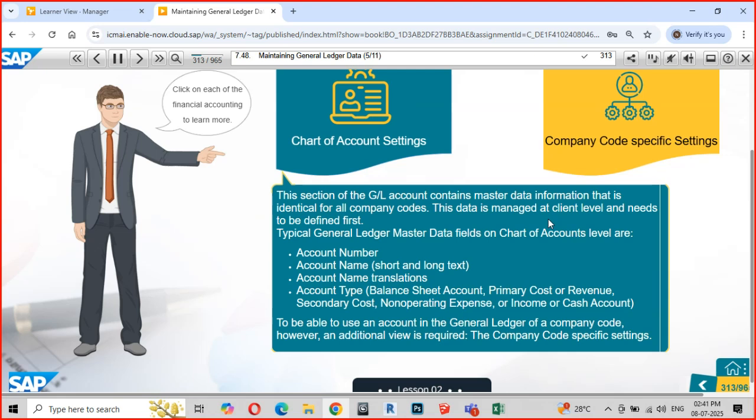So can I assume that the Hindustan Unilever client on which I'm working will be having the same master data as that of the Reliance SAP client, or maybe even the Tata SAP client?